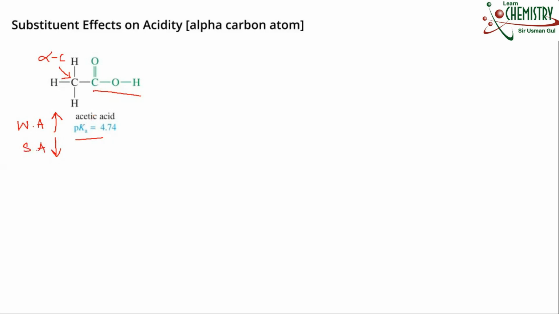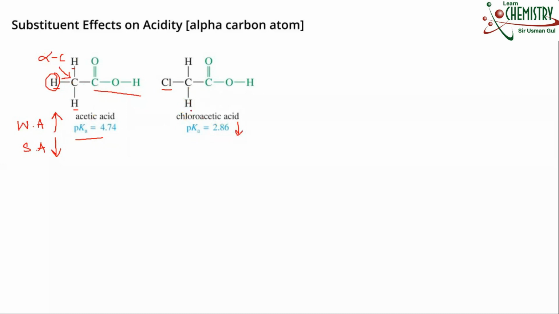So let's suppose I change one of the hydrogens. In this example, this is chloroacetic acid. In this chloroacetic acid, one hydrogen is replaced by the electron withdrawing group chlorine. So because of this chlorine, what happens? Now you can see the value of pKa decreases. It means it becomes more acidic.